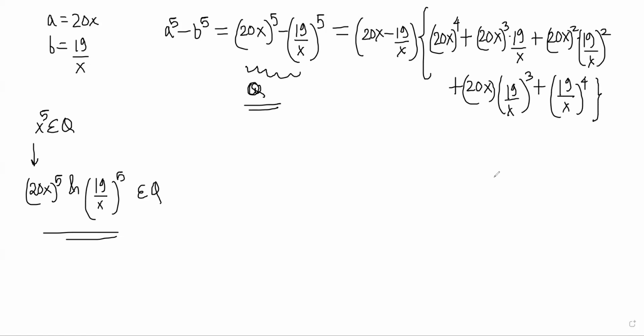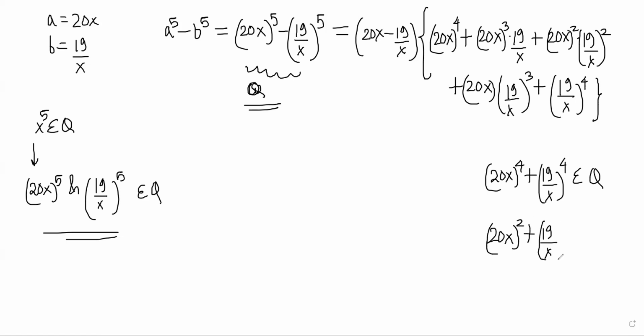Now remember, we have already shown that 20X to the power 4 plus 19 by X to the power 4 belongs to Q. We have also shown that 20X square plus 19 by X square belongs to Q. So if you group the terms of this bracket here, the first and the last term are adding up together and they become rational. Similarly, if you think of the second term and the fourth term, what is the second term?